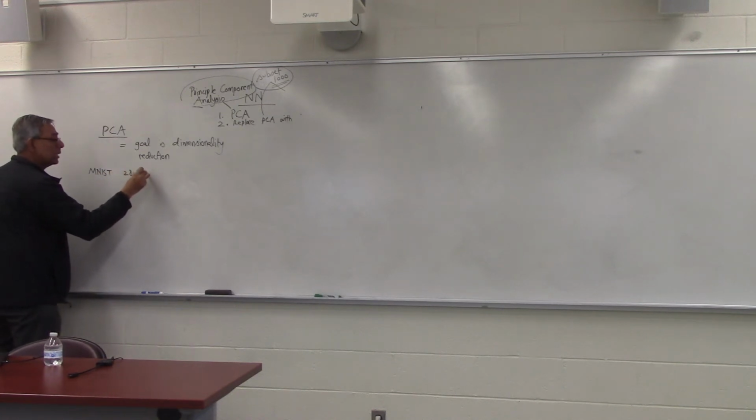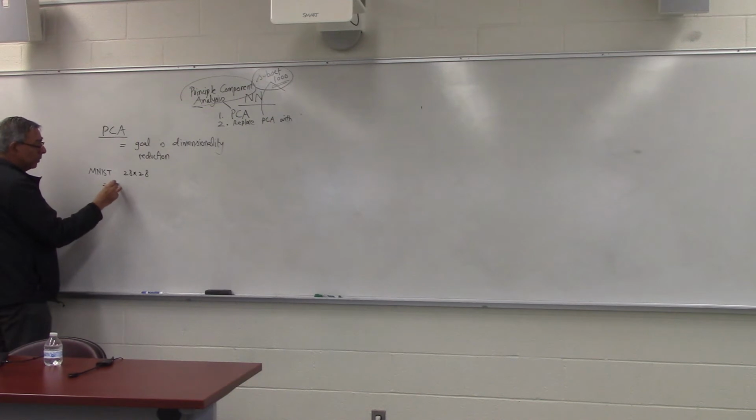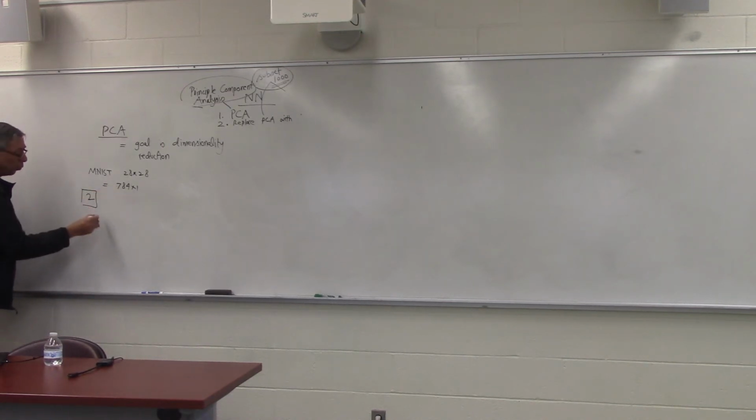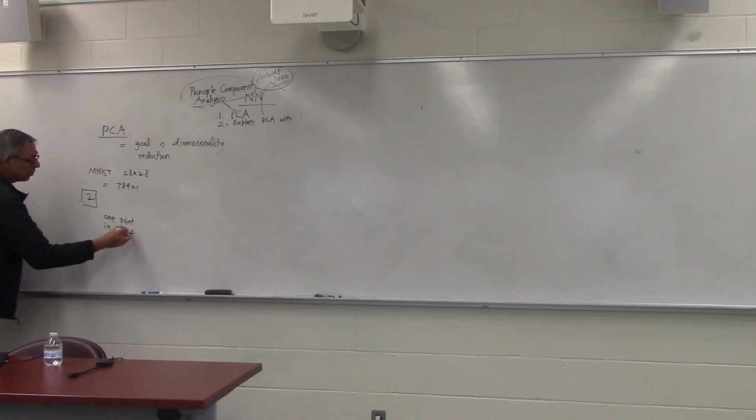If we linearize it into a vector, this becomes 784 by 1. So as we have discussed before, you can think of each digit as one point in 784 dimensional space.